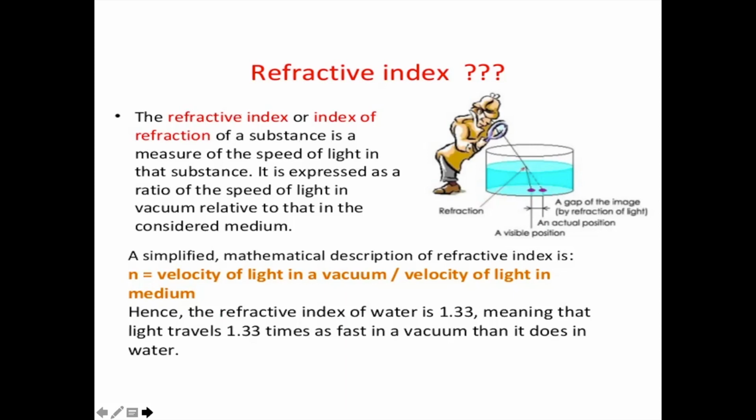Remember, the refractive index of water is 1.33. That means light travels 1.33 times as fast in vacuum than in water. Okay, so in vacuum, the speed of light is 1.33 times more than that in water.